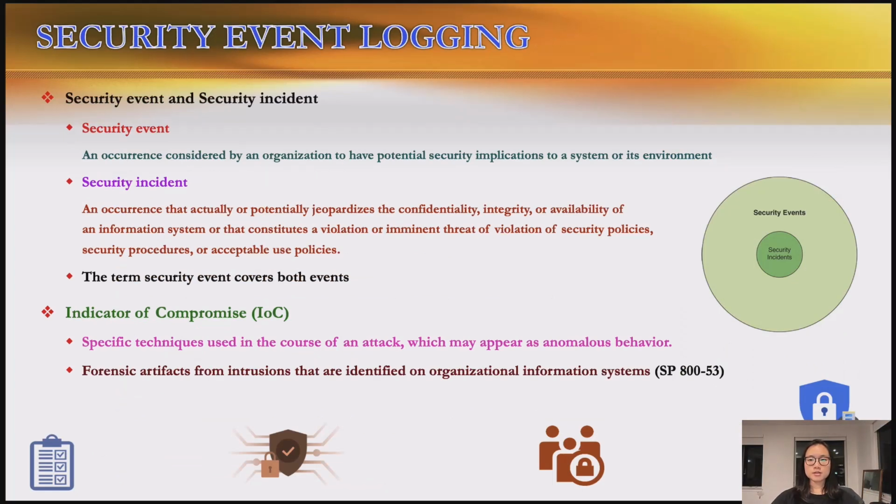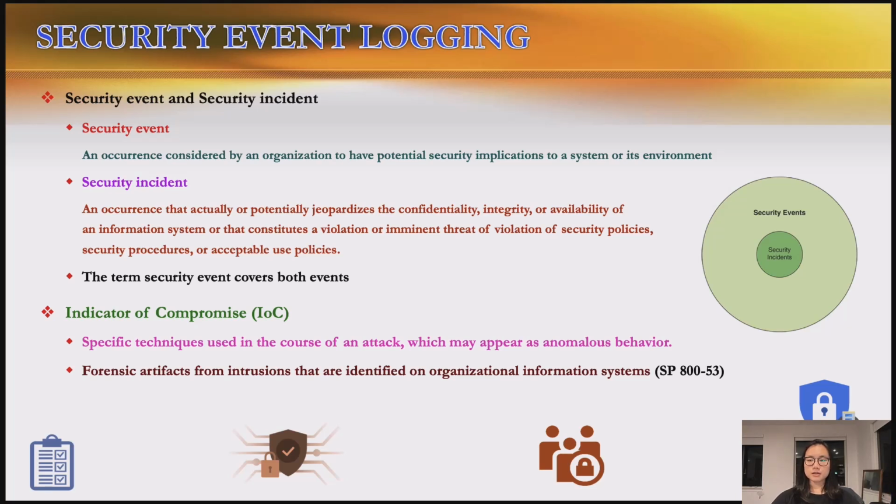In the information security field, a distinction is commonly made between events and incidents. Security event refers to the occurrence considered by an organization to have potential security implications to the system or its environment. Security events identify suspicious or anomalous activities and sometimes provide indications that incidents are occurring.